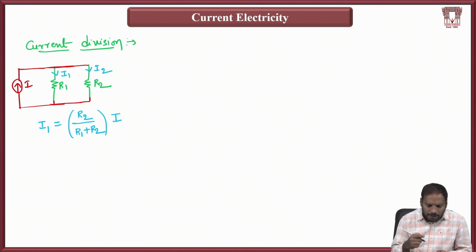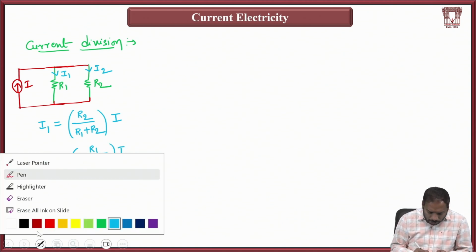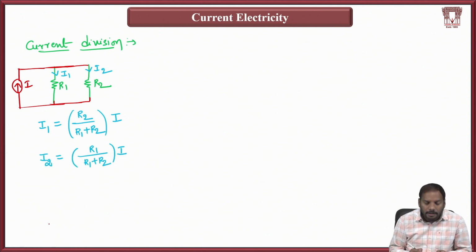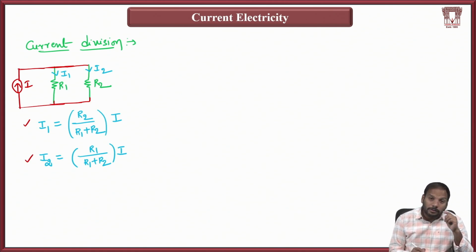What is the total entering current? That is I. Similarly, the value of I2 is equal to R1 divided by R1 plus R2 into I. This is how we can understand the values of the branch currents I1 as well as I2. The advantage of this method, once again, is that it is not required to calculate.